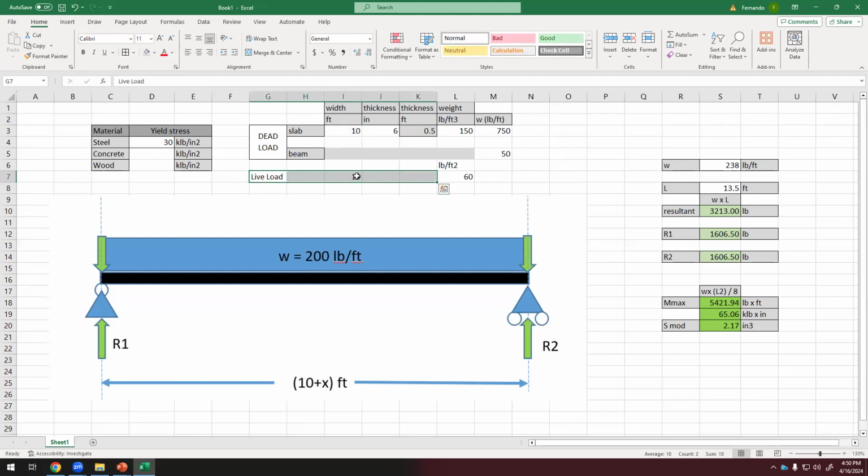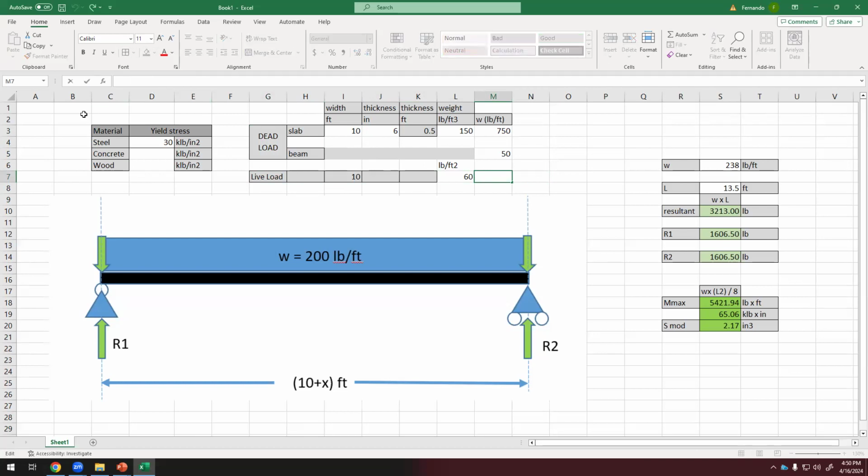And for the live load, I don't change anything. But this number, because the width of the slab is the same width that I will use to calculate the live load. Okay, so what is that?